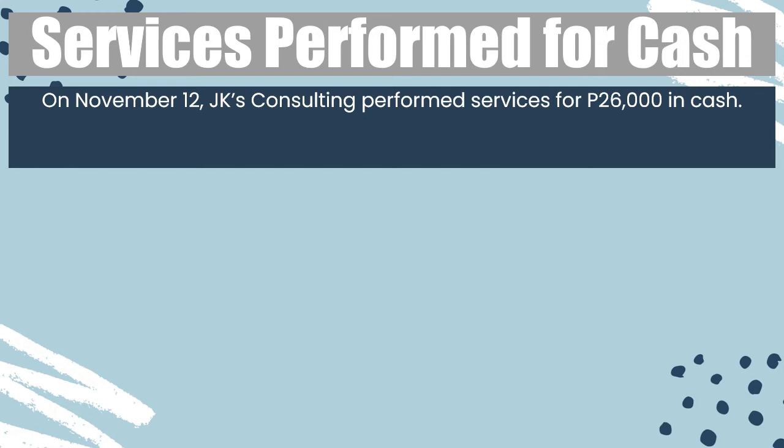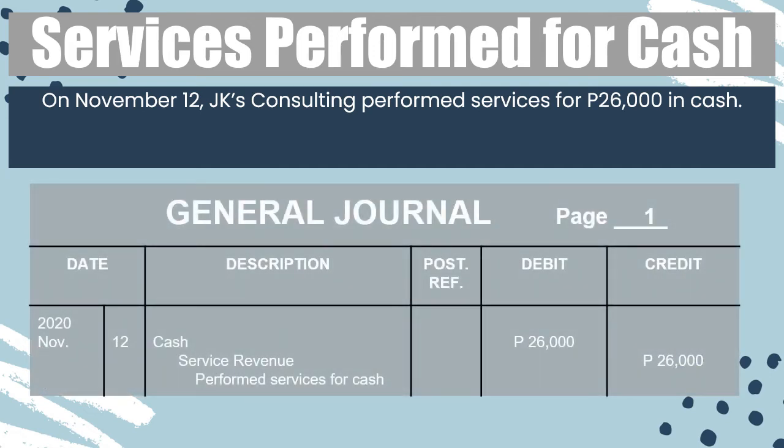So, dito ay increase in asset and increase in revenue, which is ang normal balance ng revenue ay credit. So, ang cash ay nag-increase kasi may napapasok sa ating 26,000 kapalit ng service na pinerform natin. Kaya tayo nakatanggap ng cash.